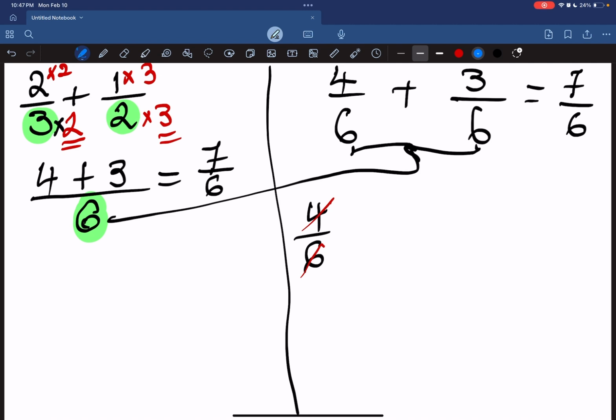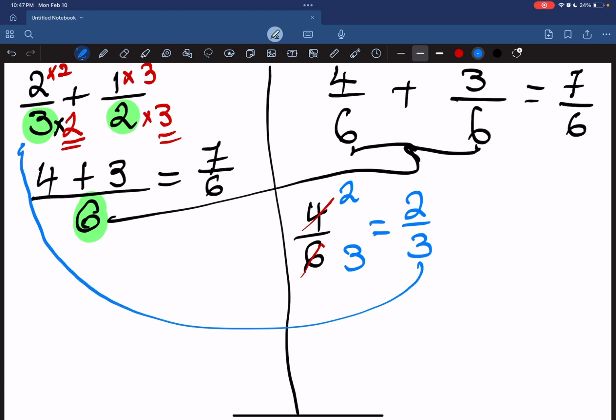So if I divide 4 by 2, I'm going to get 2, and if I divide 6 by 2, I'm going to get 3. So that fraction is now 2 over 3, and that's what we had originally up here. Same thing with 3 over 6.